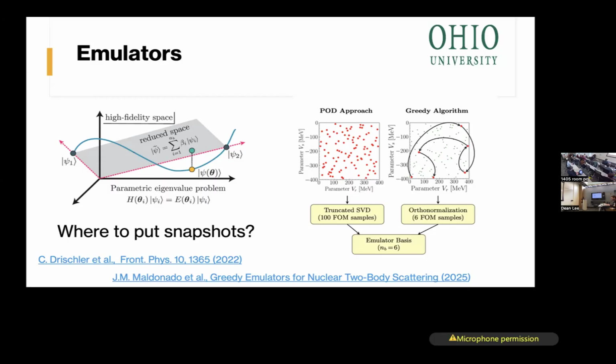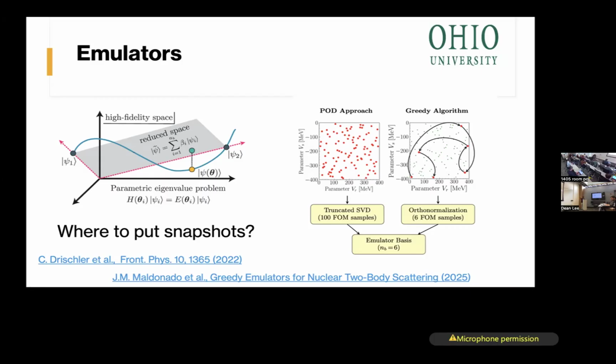The other way is the greedy algorithm. In the greedy algorithm, you start with one point instead of lots of points, and with that one point you have your snapshot matrix and you emulate.